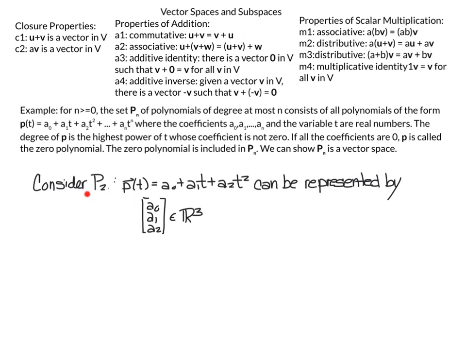But let's consider P2, polynomials of degree 2 or less. They can be represented by this vector, a0, a1, a2. So just taking the coefficients, you can represent it by this vector, because what we're saying structurally is when we've defined vector addition and the scalar multiplication, they are structurally the same, R3 and P2.